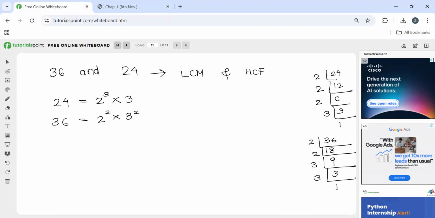Now you need to understand how to find the LCM and how to find the HCF from the product of prime factors.